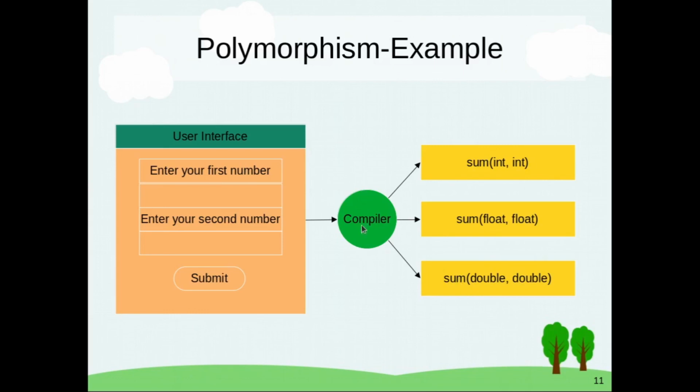The compiler will automatically call the right one according to your need. If you enter an integer, the compiler will automatically call the integer sum, and if you enter a float, the compiler will automatically call the sum of floats. So this feature is called polymorphism.